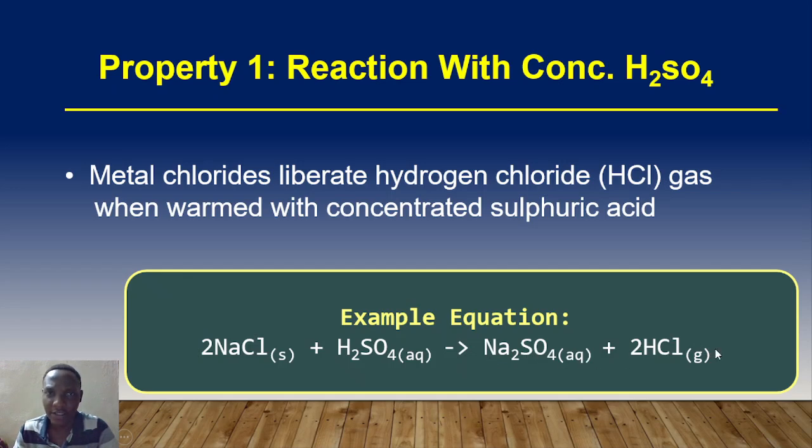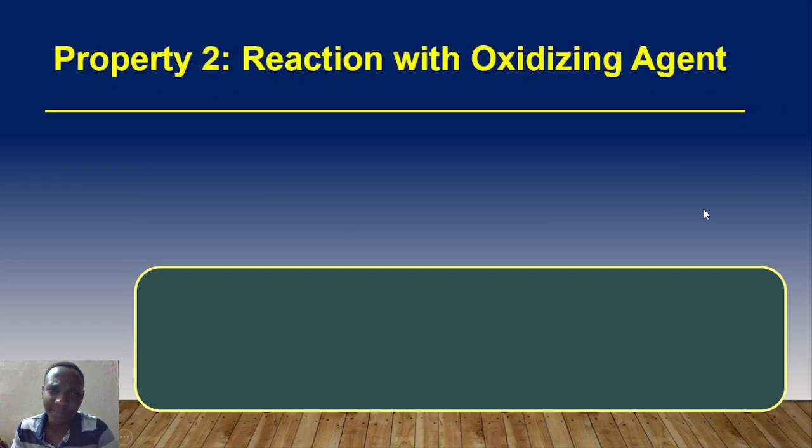So that's an example of how this kind of reaction occurs, where the metal chlorides liberate hydrogen chloride gas when warmed with concentrated sulfuric acid.